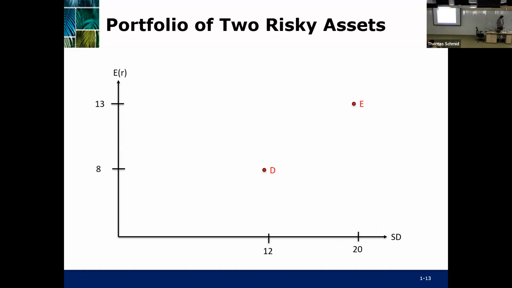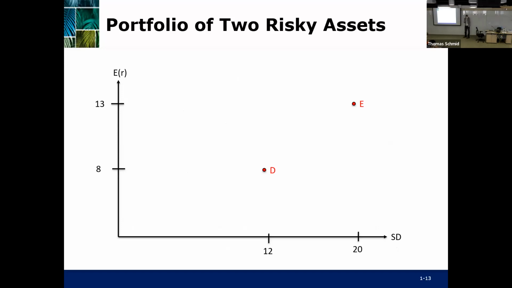Good. Let's take this one step further, and then we are nearly done with these spaces. Let's move it to the expected return-risk space, because this is what we are ultimately interested in. We want to know how risk relates to return.